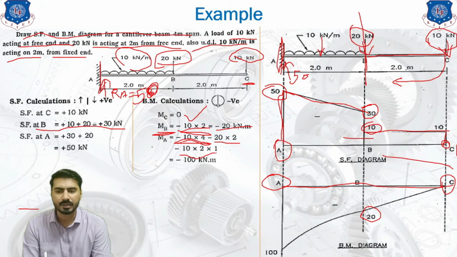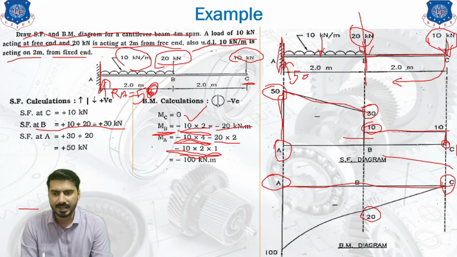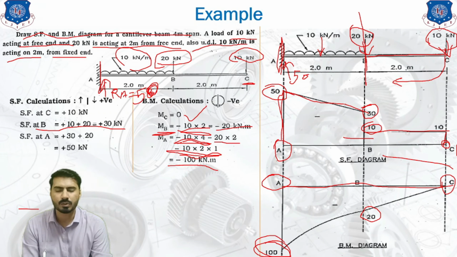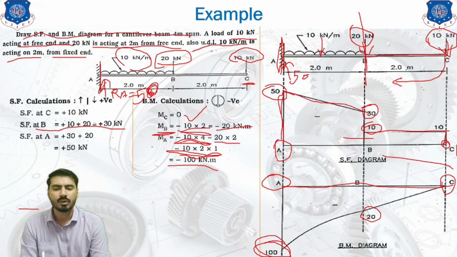UDL can be calculated by 10 into 2 into distance between the midpoint and A point. The final answer comes out to be minus 100 kilonewton meter. So that minus 100 is represented over here. So this is how we finished our bending moment calculation.